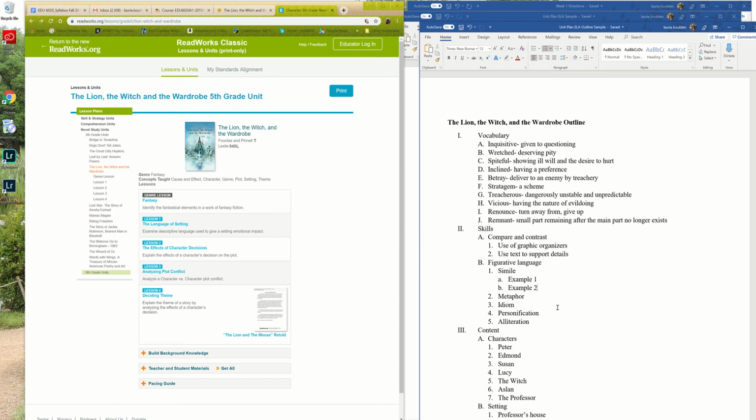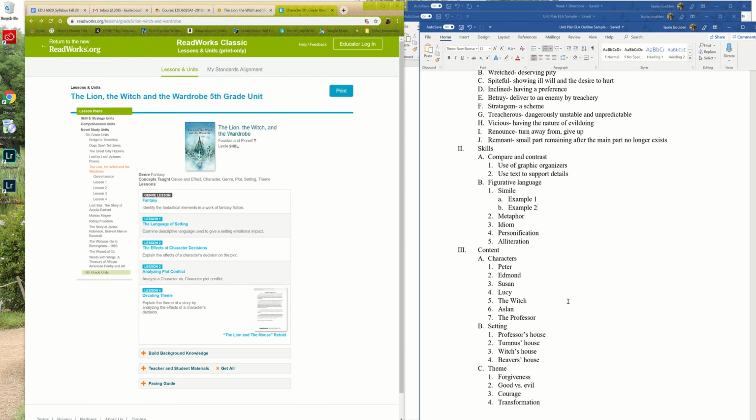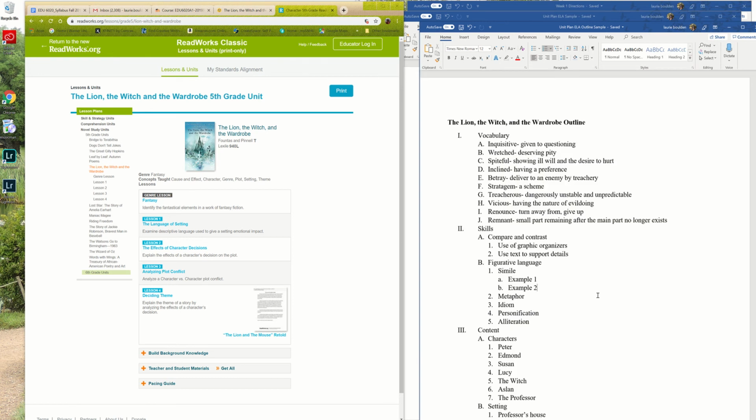If you have a different program that you use, you may need to use your tab key to help with moving things over to where they belong. So notice that the capital letters are indented from the 1, 2, 3. Numbers are indented from the capital letters. Lowercase letters are indented from the numbers. Okay, so that's something that I'm going to be looking for.